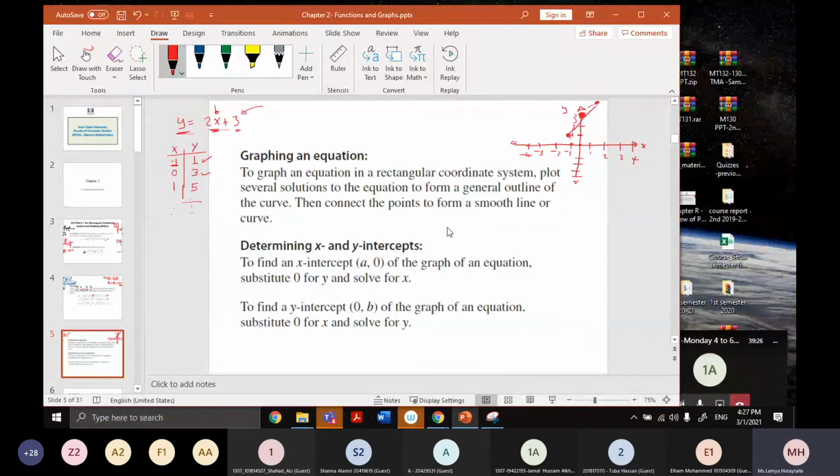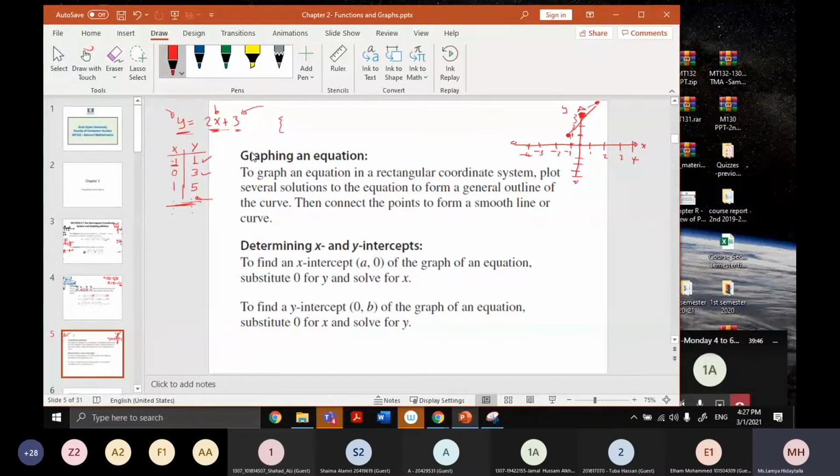Okay, the graph, so we can have it as just a function and then we find the points. Actually we can write these points like that.